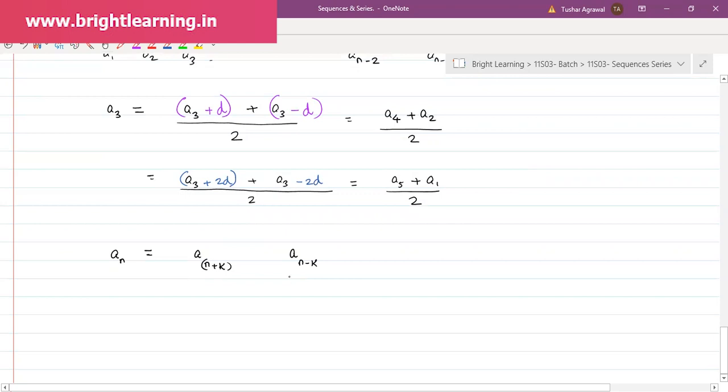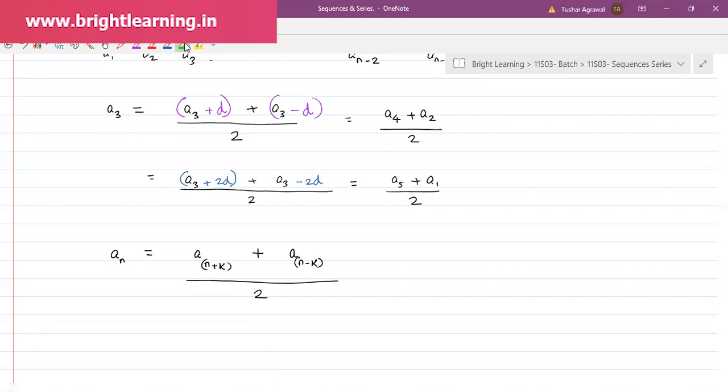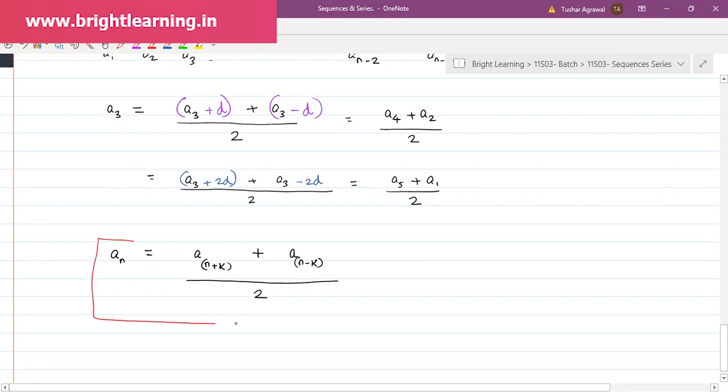If I put K equal to 1, you are taking the immediate next term and the immediate previous term. If I put K equal to 2, you are taking the alternate succession term and the alternate prior term, that way. So AN equals AN plus K plus AN minus K, terms equidistant from AN, and half of that. Is this result clear? Yes, sir.